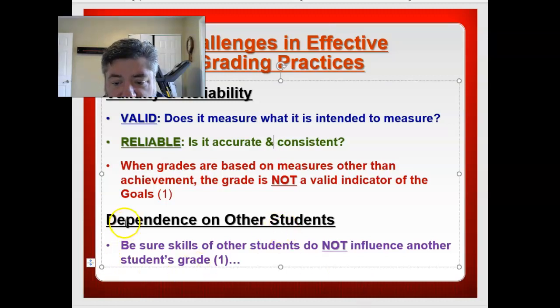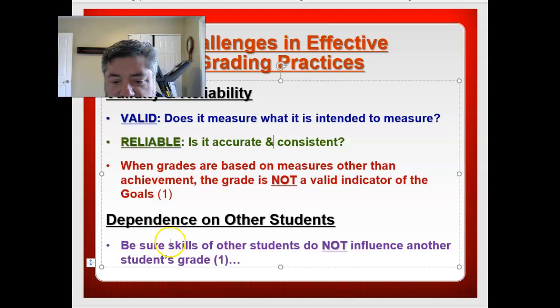All right. Remember, when we're developing grading schemes, a lot of times in physical education, we're doing things within the context of an activity. All right. When you're doing that, that means sometimes the skill that you're looking at may be dependent on other people.